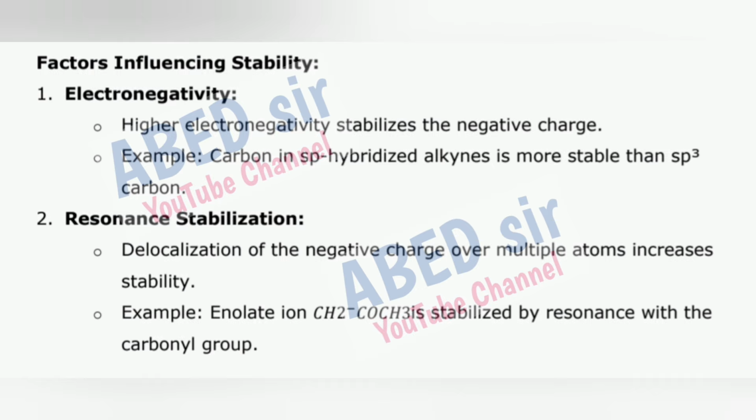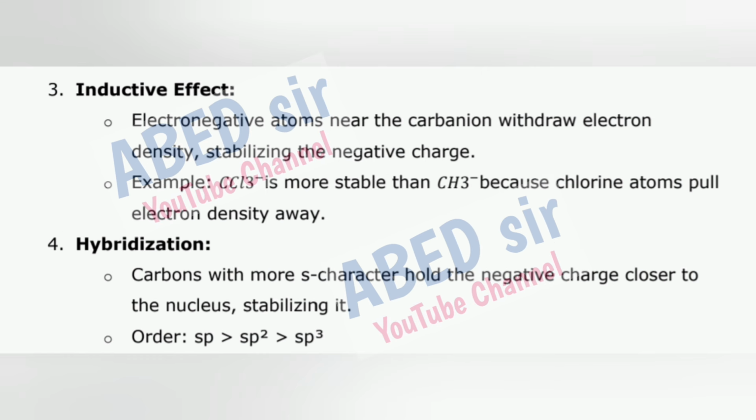Resonance stabilization. Delocalization of the negative charge over multiple atoms increases stability. Example, enolate ion CH2COCH3- is stabilized by resonance with the carbonyl group. Inductive effect. Electronegative atoms near the carbanion withdraw electron density, stabilizing the negative charge.